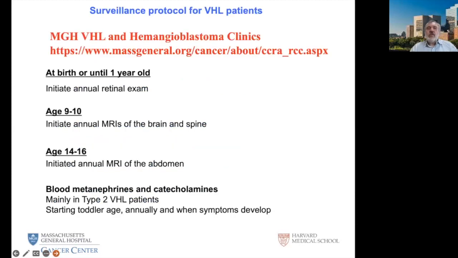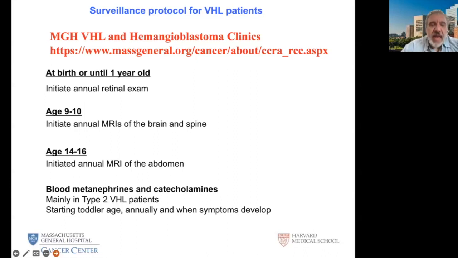How do we follow? What are our surveillance guidelines for people with VHL? So we start looking around the time that the individual is at risk to develop the said lesion. When they're born, the kids are at risk of having retinal hemangioblastomas. The earliest retinal hemangioblastoma that has actually been reported, I believe, was in a 4-week-old baby.